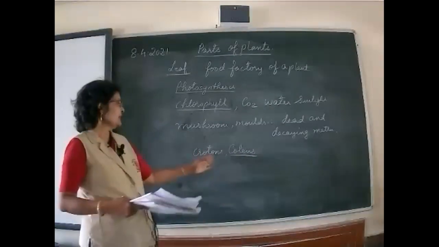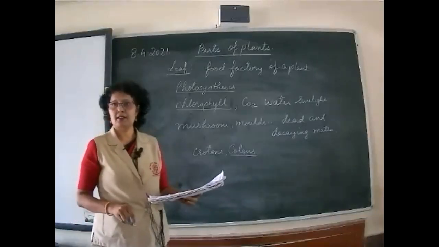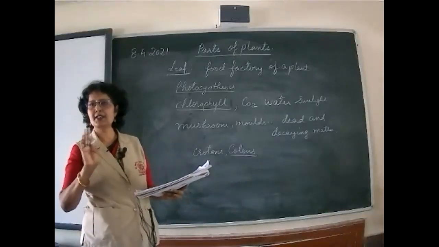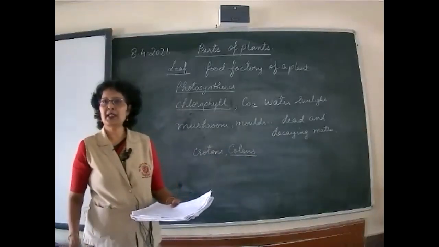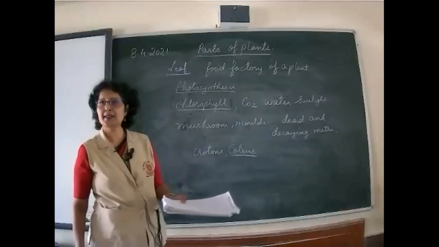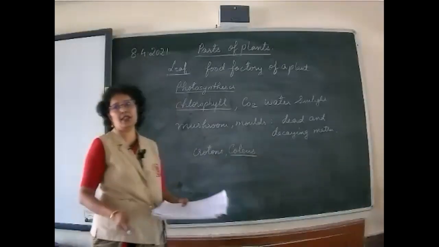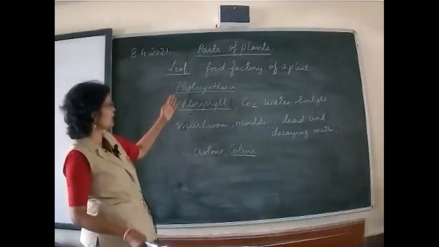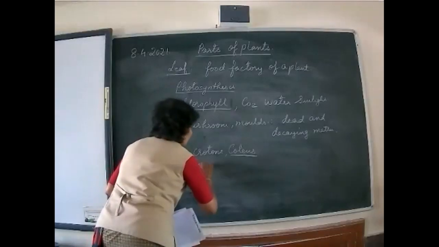So these two, now what happens in this? Chlorophyll is there. Though they are not green, only a little shade of green is there, but it is hidden. Chlorophyll is present in crotons and coleus, but it is hidden. So the photosynthesis process is carried on here. Okay, so these are the important things which I told you. And one more is there, stomata.